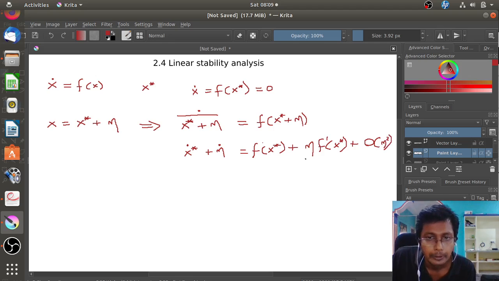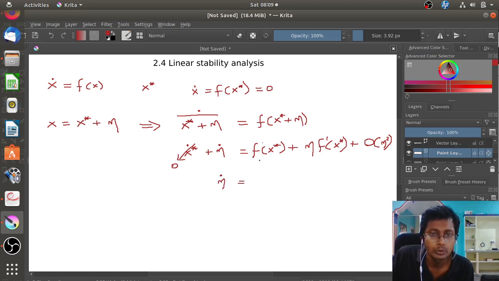Fine. Now let's see this one. x star is constant, the fixed point is constant, so x star dot goes to 0, so my left hand side will be just eta dot.